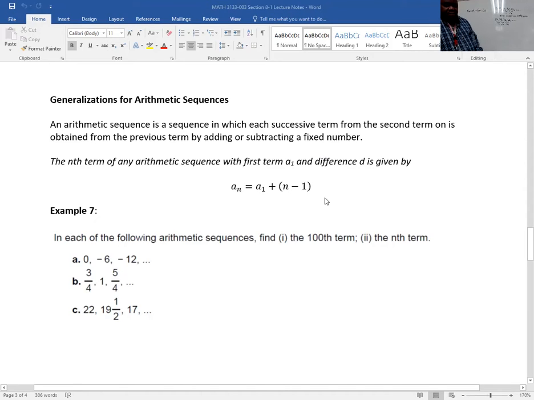Okay, so in example 7, you're given each of the following arithmetic sequences, and you're going to find two things. The 100th term, which is going to be part I, and then part II would be the nth term of each sequence.